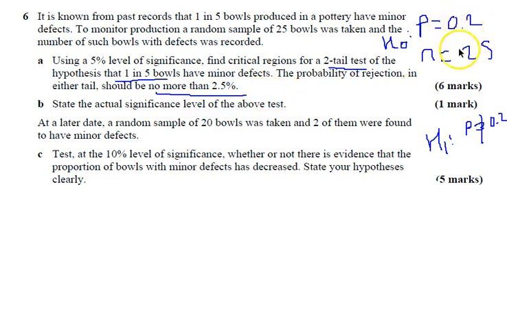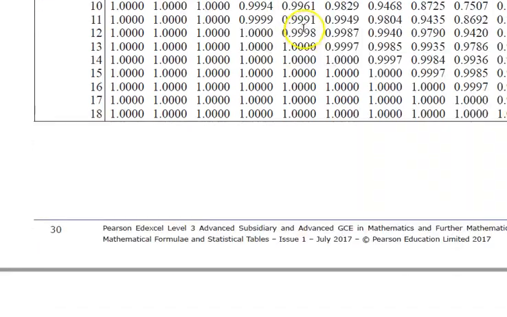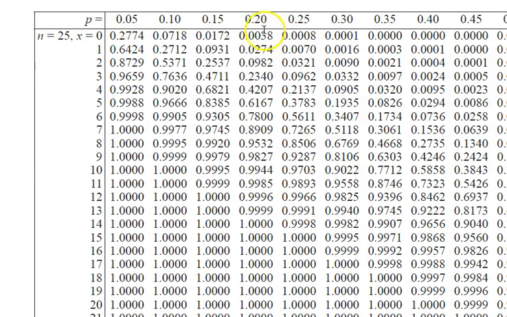So 0.2, n is 25, and we've got 2.5% to look at. So let's go to the tables here, and here we've got n is 25. We've got the probabilities coming across here, so we've got the 0.2, that's what we want, and we want 0.025.